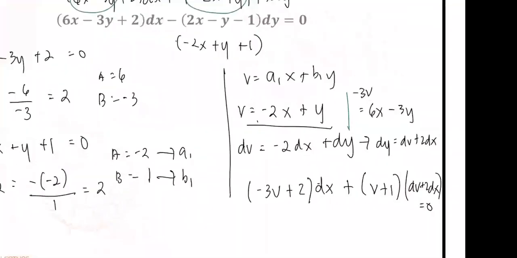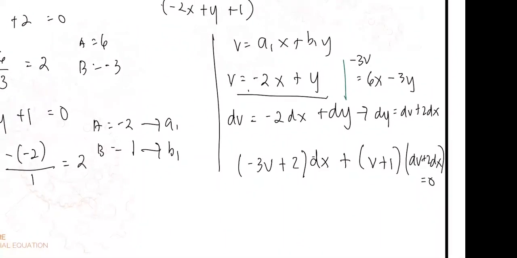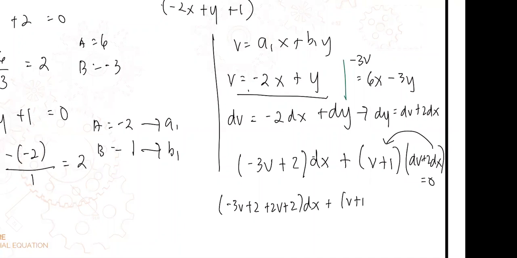Mas mangyayari, pwede natin pagsamahin yung common na factor sa kanila, no? So dito, pag minultiply natin yung dx dito, pwede natin pagsamahin dun sa first term. So we have (negative 3v plus 2 plus 2v plus 2) dx plus (v plus 1) dv is equals to 0.